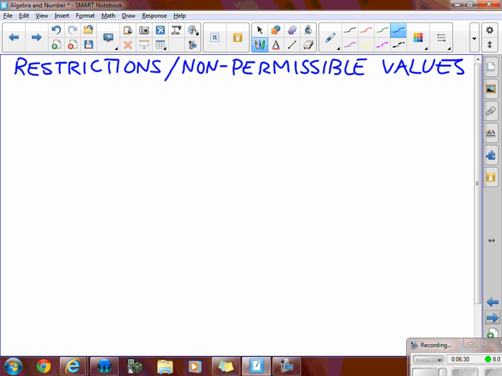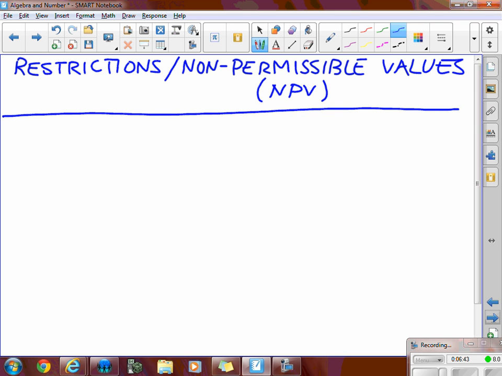Math people inherently are lazy. It's not hard to say non-permissible values, but we talk about them as NPVs. So now we're going to look at restrictions on rationals.